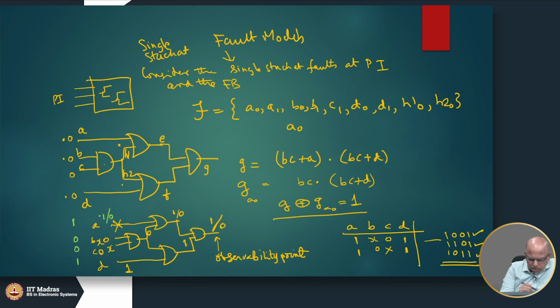We call this fault activation. If I simulate, I will get a 0 here, and 0, and if I simulate, a good circuit will have a 1 0, 1 plus 0 is 1, a faulty circuit will have a 0 plus 0 as 0.